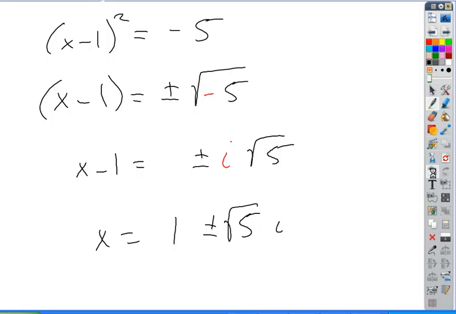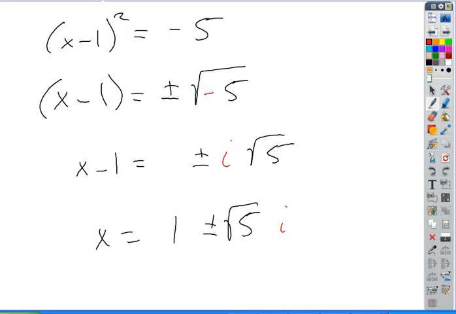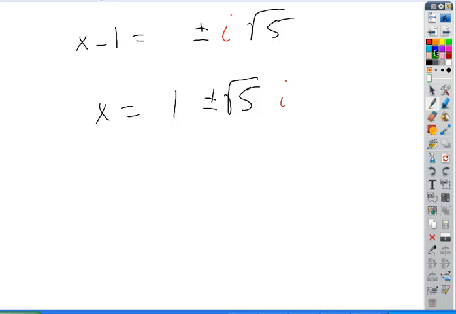Oops. To make a point, look at those answers. I want you to notice something about these. They're imaginary. They're complex numbers with imaginary parts. But if I split those up into the 2 separate solutions that we really have, we either get x equals 1 plus the square root of 5 i, or x equals 1 minus the square root of 5 i.